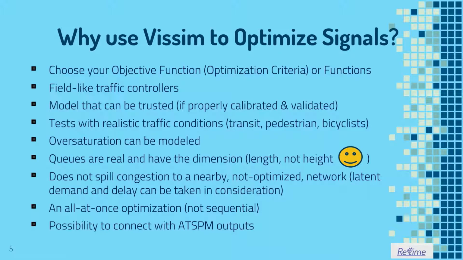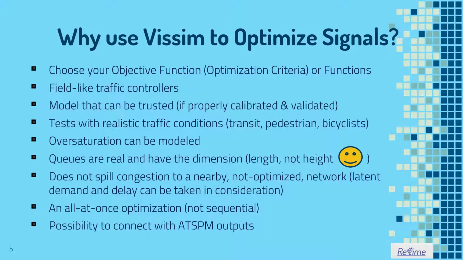Because we have so many opportunities to choose different objective functions, to use field-like traffic controllers, to properly model things that are happening in the field. If the model is properly calibrated and validated, we can really trust those models. We can do modeling of oversaturation, which is a big problem when you use analytical models.